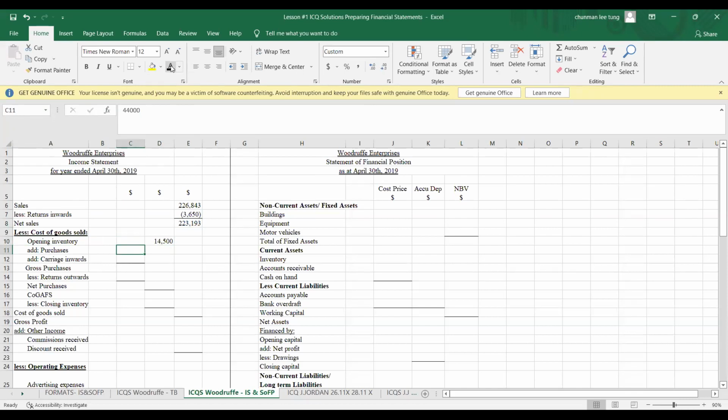So far we accounted for three items. Tick them off in the trial balance to know that you accounted for them. So purchases was 44,000. Carriage in was your next item. And what are we doing with the carriage in? We are adding it.